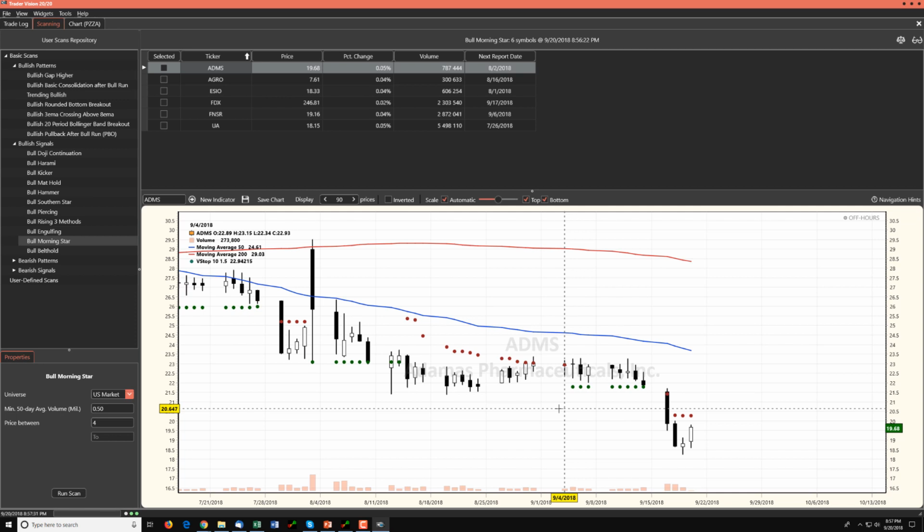Then you scan, find your trades that fit your particular trading style and the patterns you like, the signals you like, etc. Then you validate those trades against trading rules.